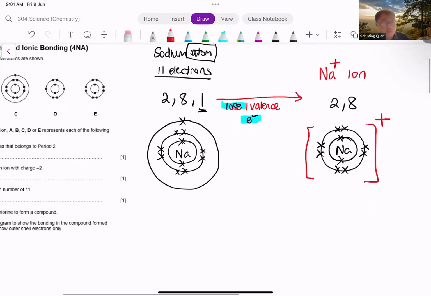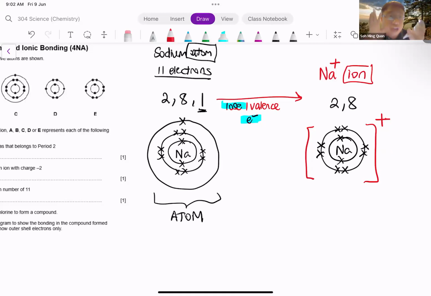Besides being able to draw the ion and the atom, you need to be able to draw each of them. In the exam, we will often ask you to draw the electronic structure of a sodium atom. The atom is the one on the left, so you just draw that.